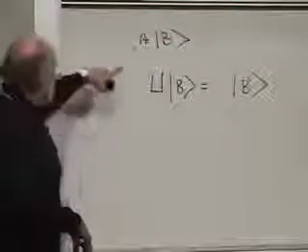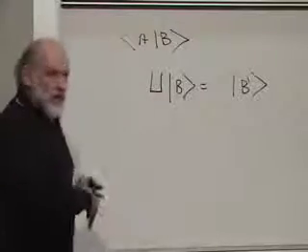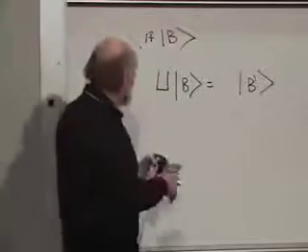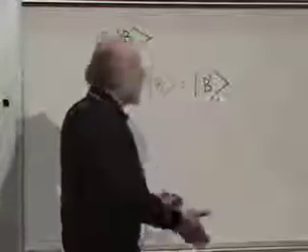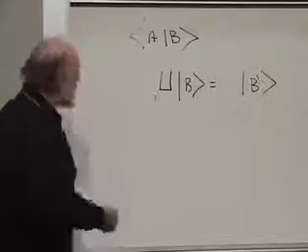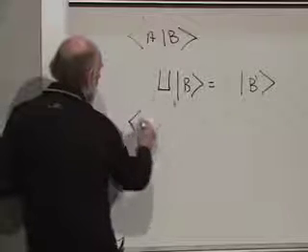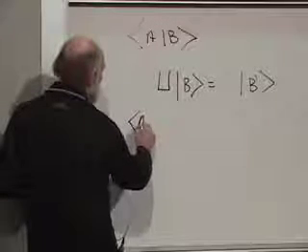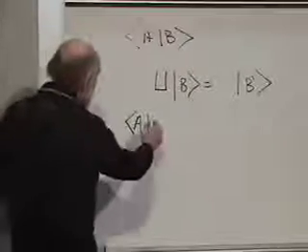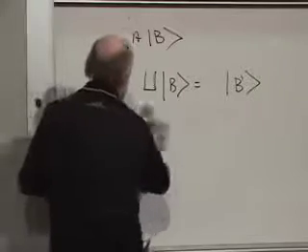All right. Now, the same operation has an image among the bra vectors. Remember, if an operation takes place among the ket vectors, the image of it involves the Hermitian conjugate. So the same operation, when interpreted in terms of bra vectors, will involve U dagger. Let me write this correctly.